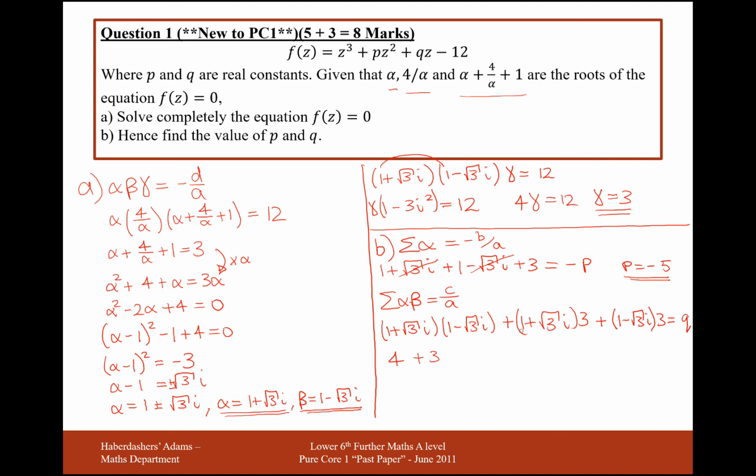I can see the cancellation there already, and so I've got plus 3, and I also have a plus 3 here. That will equal q, so q will equal 10. So p is minus 5, q is 10, 3 marks for that bit, 8 marks in total.